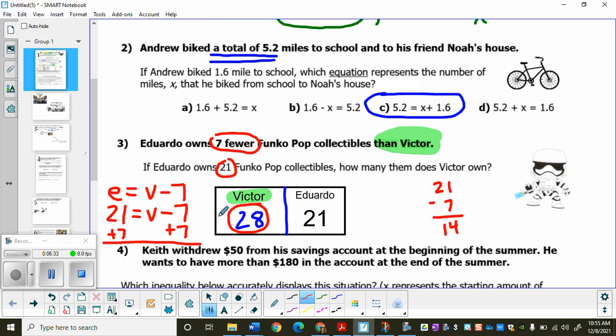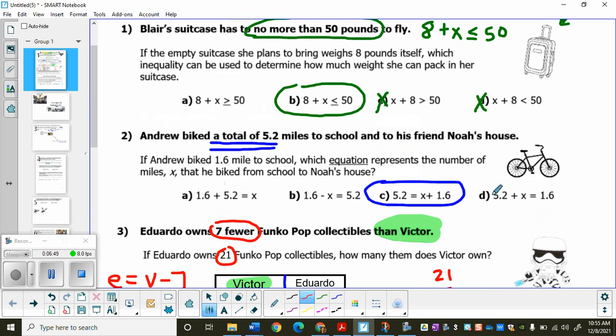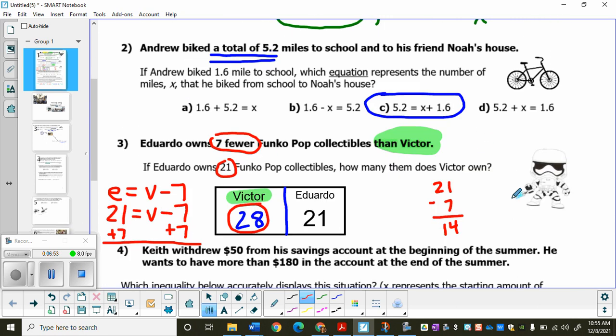The goal of this worksheet is to be able to take all this stuff in English and translate it into an equation and then use that to solve. And like I said, this would not be something that you can do on your own as of right now. That's why we've got them up here where you just try to identify and match which one you think would be the one that works.